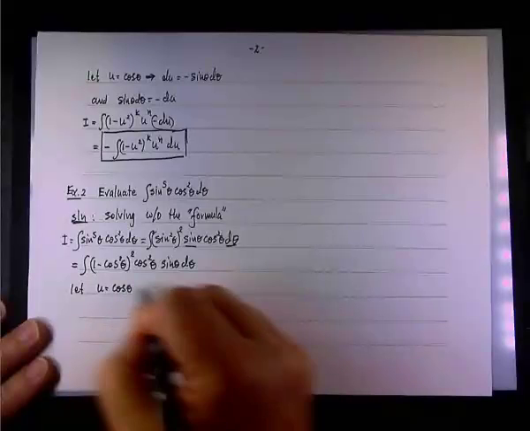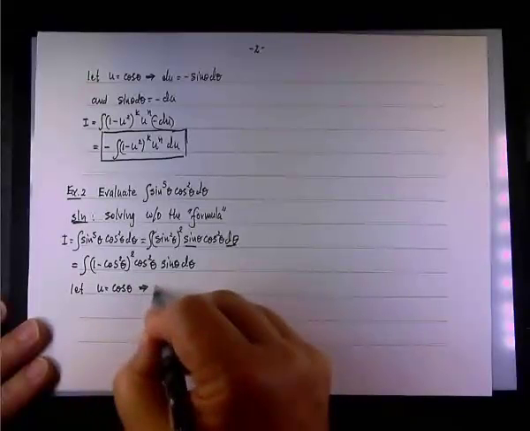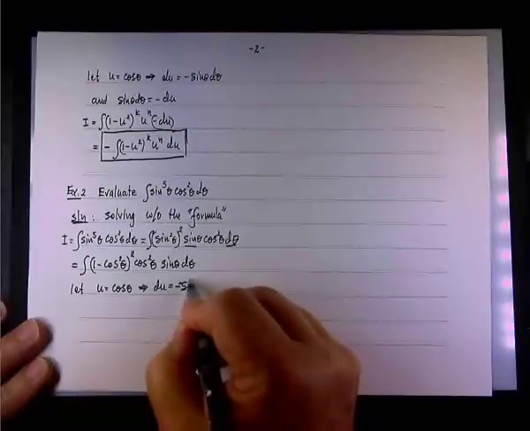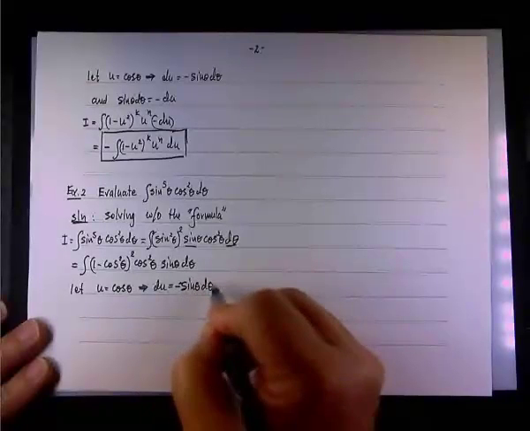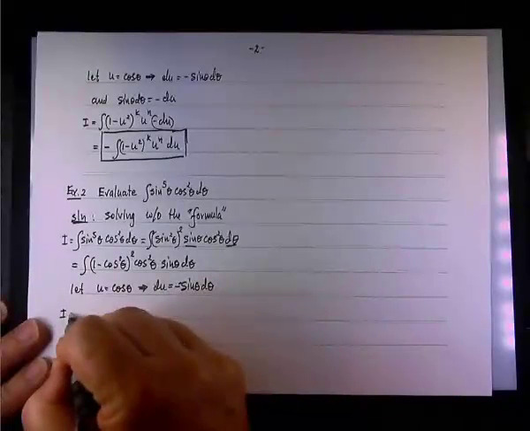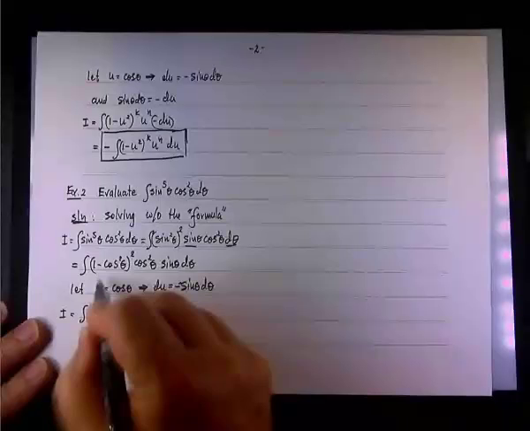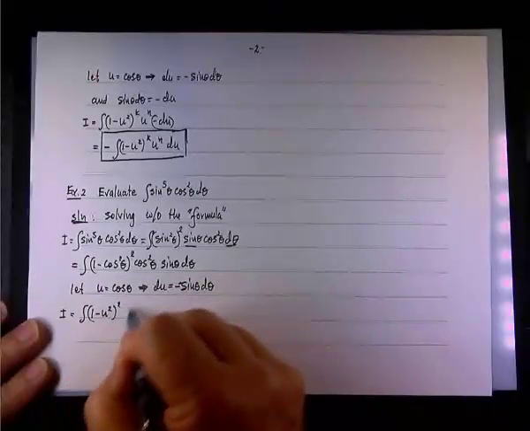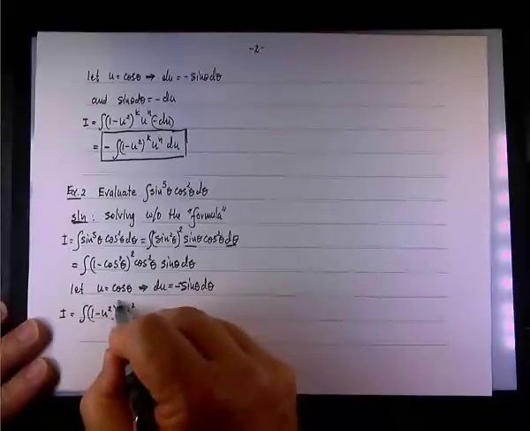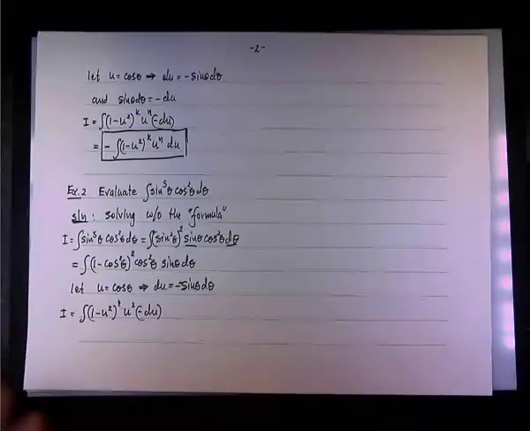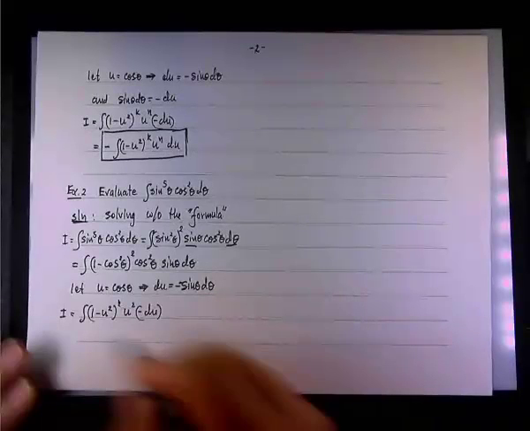So we're going to let u equal cosine theta, and of course du equals negative sine theta d theta, or sine theta d theta equals negative du. So I equals the integral of 1 minus u squared, squared, u squared, and negative du.